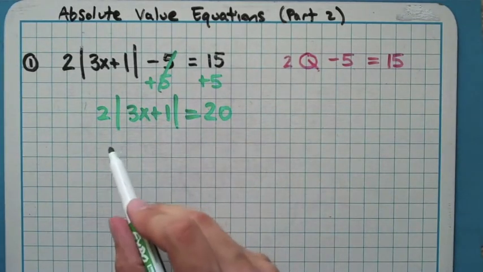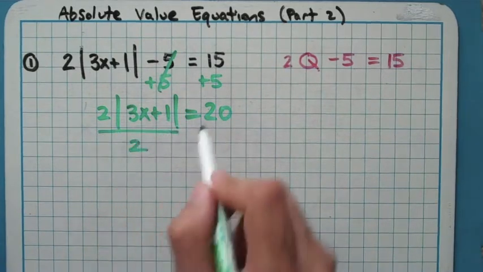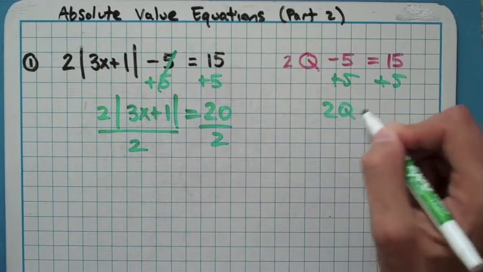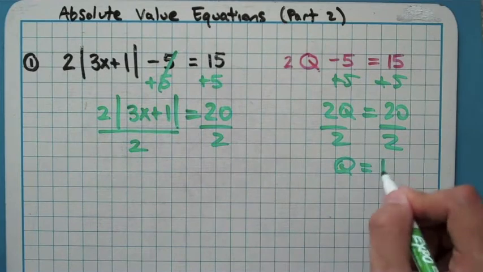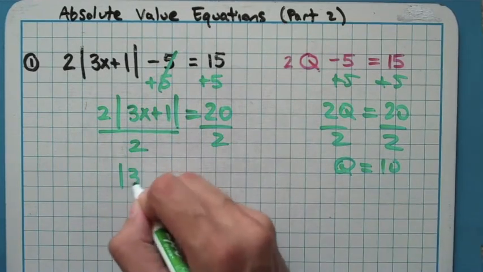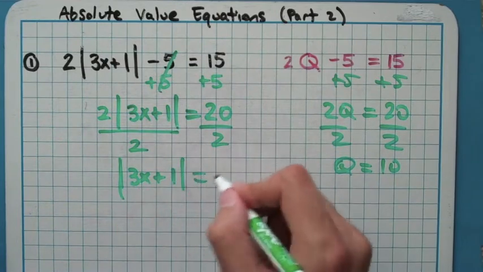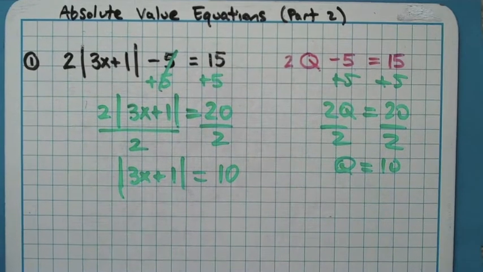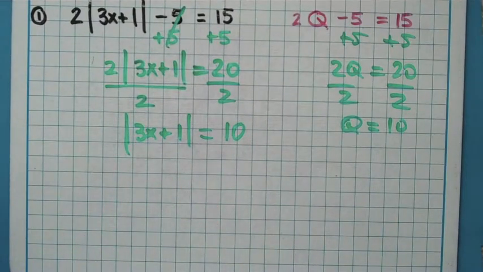And from there, I want to get rid of this 2. Can't distribute in. I'm going to divide both sides by 2. Just like on this one, you add the 5, you get 2q equals 20, you would divide by 2. Same exact deal. So you get the absolute value of 3x plus 1 equals 10. And once you hit this point, it's just like the last video now.